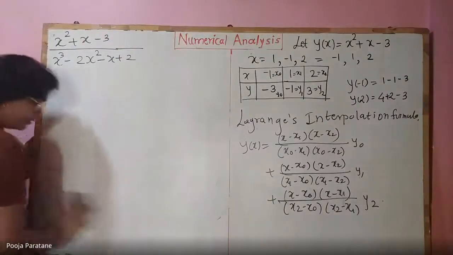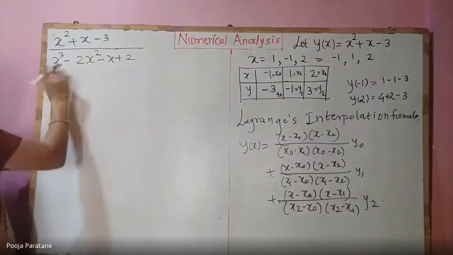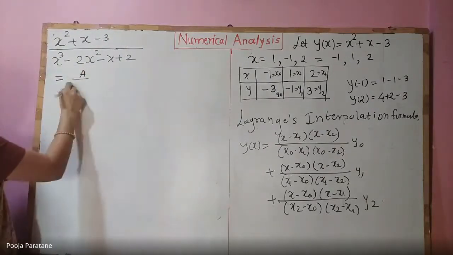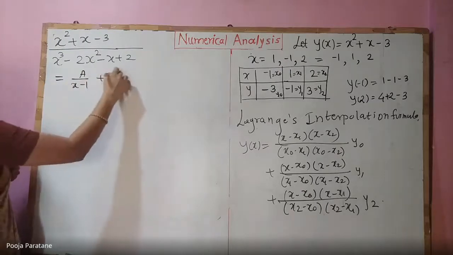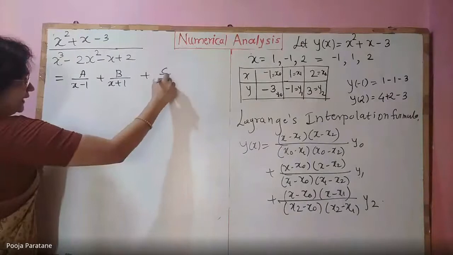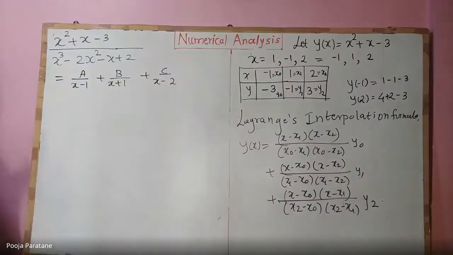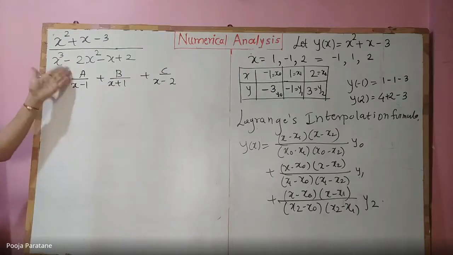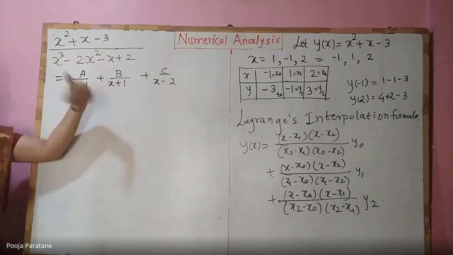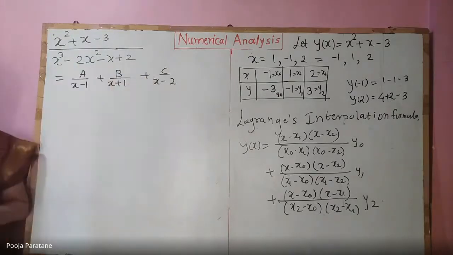Generally, when we do it the other way, we factorize this and then write it as A upon x minus 1 plus B upon x plus 1 plus C upon x minus 2. Then we find the LCM of these and put x equals 1, then x equals minus 1, then x equals 2 to get the values of these constants.